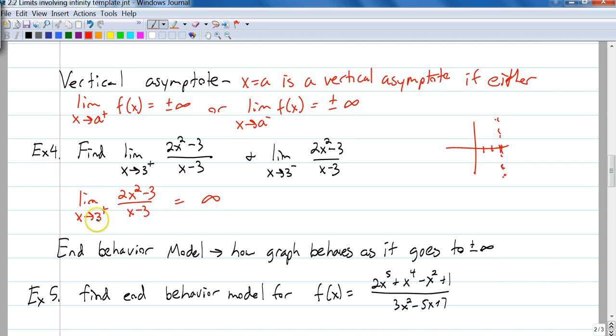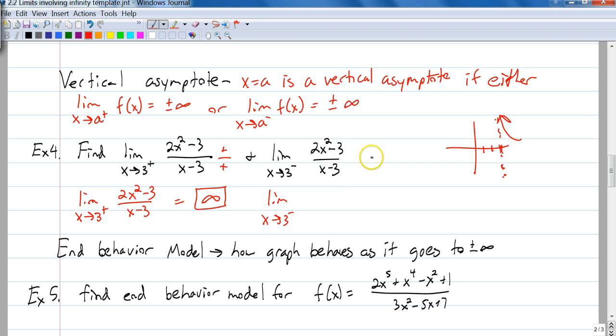From the right means we're coming from values higher than 3. So if I put in 4, you just have to check, is it going to be positive or negative? If I put 4 minus 3, you get a positive on the bottom, and if I put a 4 in here, you get a positive on top. So the answer is positive infinity. It'll look something like this. From the left, you put in a value lower than 3.